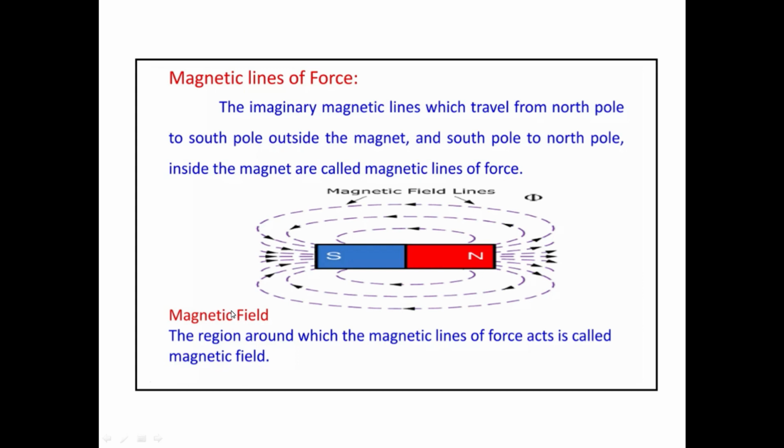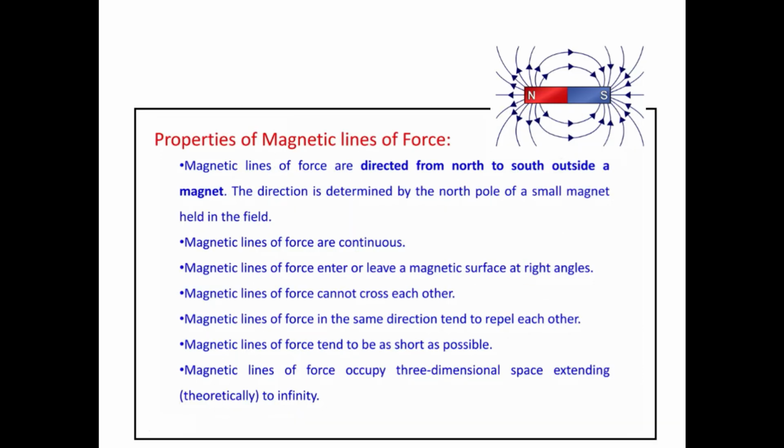The region around the magnet where the magnetic lines of force act is called the magnetic field. We can understand the presence of a magnetic field by attraction or repulsion force, correct. If two magnets of the same poles repel each other and opposite poles attract each other, then it shows some properties of magnetic lines of force.